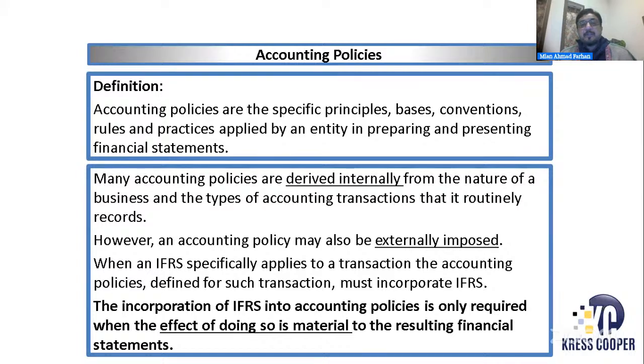As I told you, accounting policies are the specific accounting principles, bases, conventions, methods, rules, etc. In simple terms, you can say accounting treatment. Accounting policies are the specific accounting treatments which are applied by an entity in preparing and presenting its financial statements.